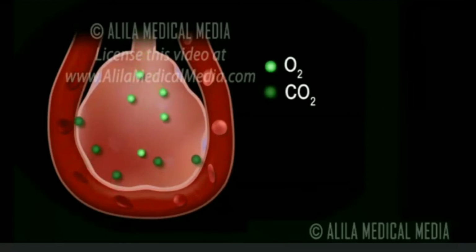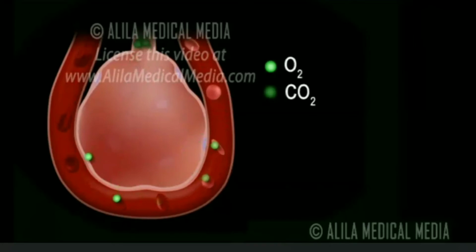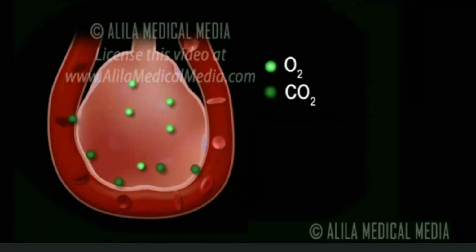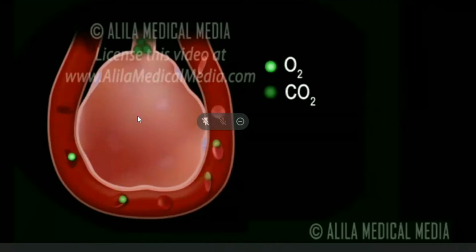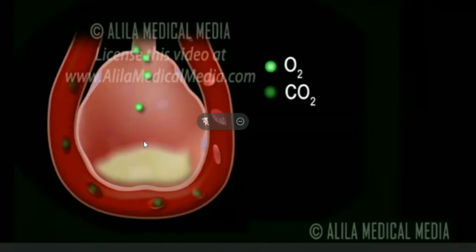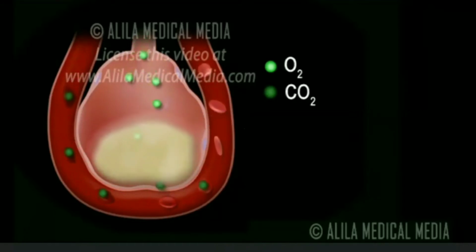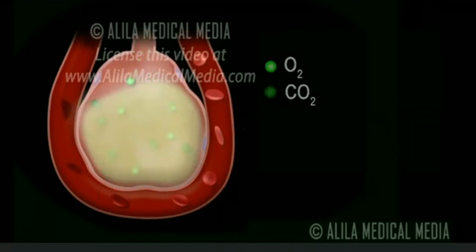Ngayon, ito yung healthy lungs natin. Pag nagkaroon tayo ng pneumonia, nafe-fill up ng liquid itong air sacs natin, kaya nagkakaroon ng blockage yung exchange ng oxygen and carbon dioxide. Bumabagal yung pag-exchange, kaya nahihirapan huminga yung tao.